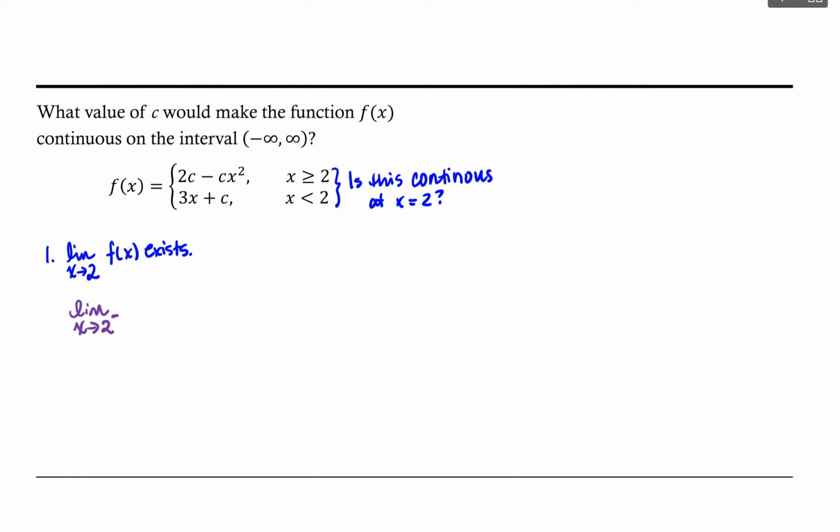From the left means that we're looking at values of x that are smaller than 2. So we're looking at 3x plus c. And what does that limit actually evaluate to? Well, it evaluates to 3 times 2 plus c, or 6 plus c.